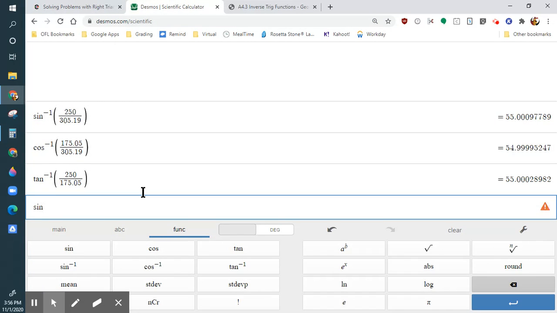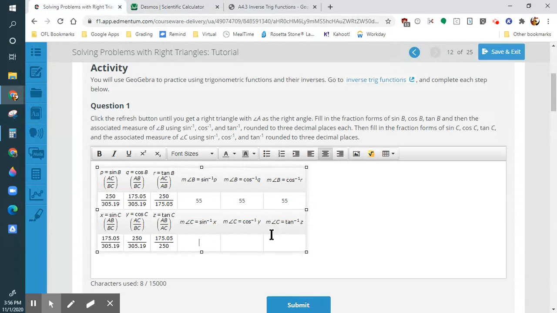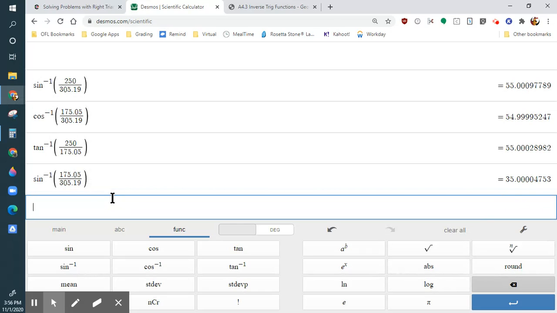So I'm going to do sine inverse of 175.05 divided by 305.19. And we get 35 degrees, which makes sense because if you add these two, it should equal 90. I'm going to try this again. You should probably realize by now it should be the exact same thing for all of these.